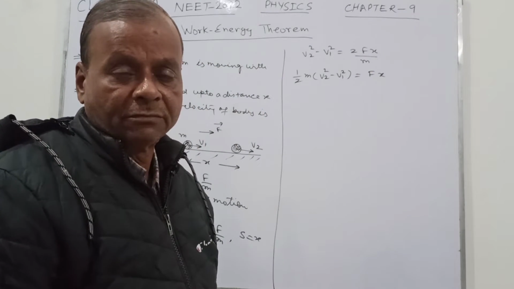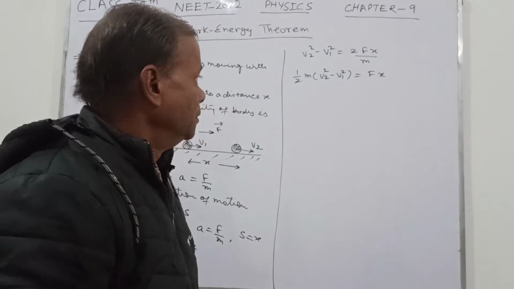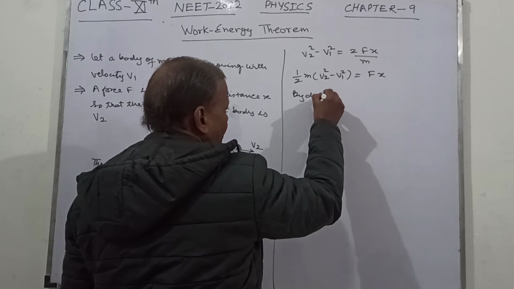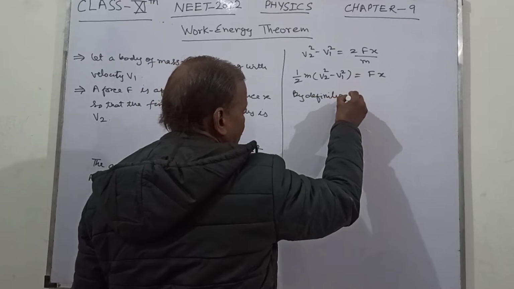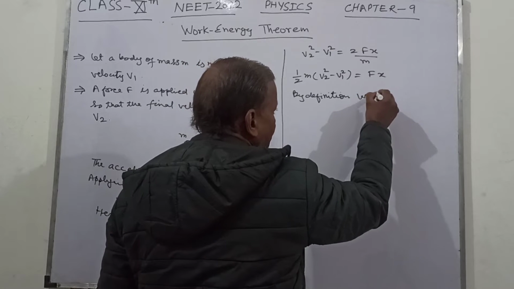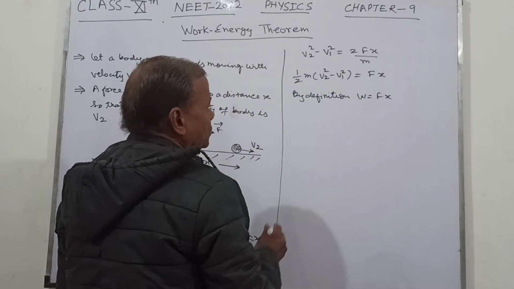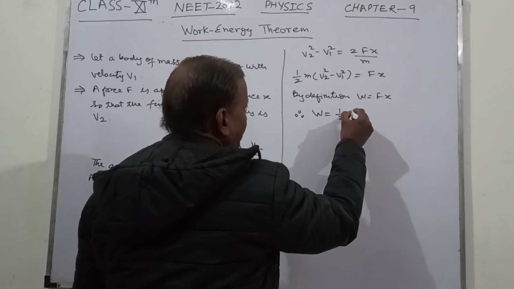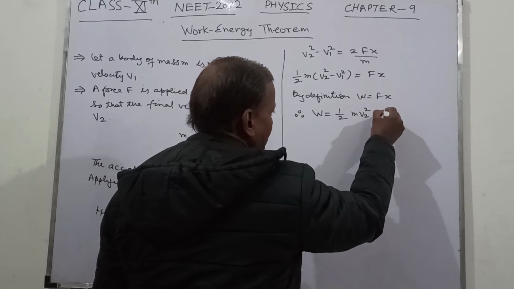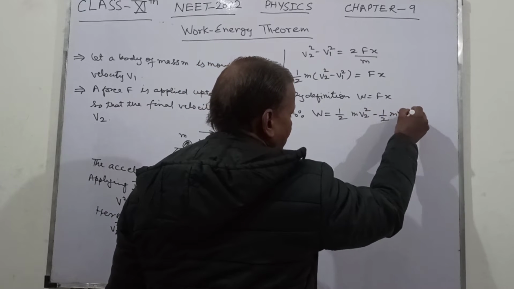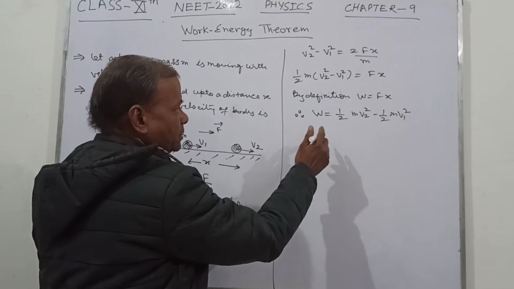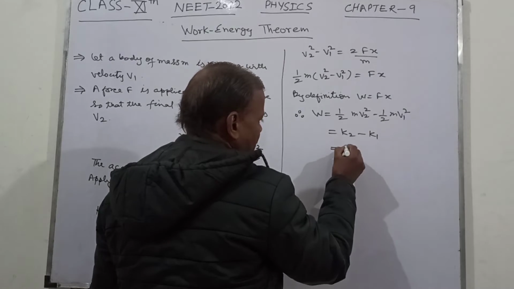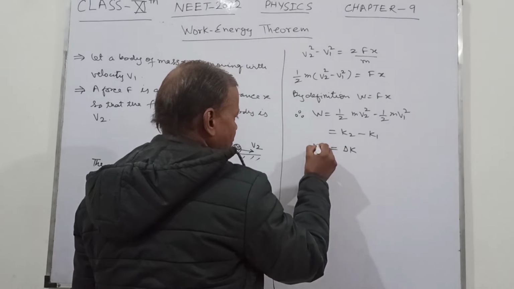Now by definition, this Fx is the work done. By definition, work is equal to Fx. Therefore, W is equal to 1 by 2 m v2 square minus 1 by 2 m v1 square. So this is what? The K2 minus K1, and this is equal to delta K. This is equal to W.